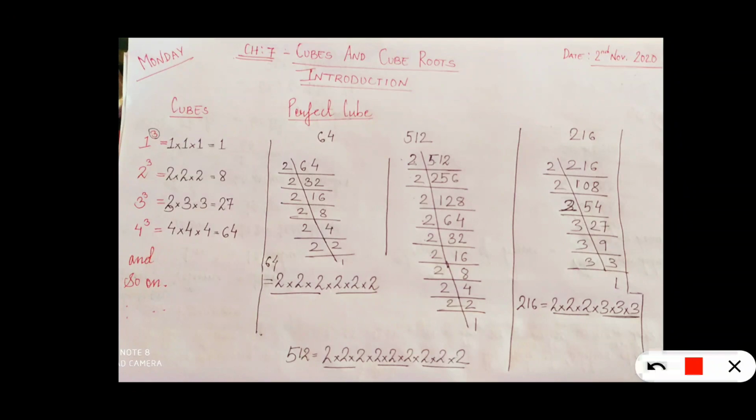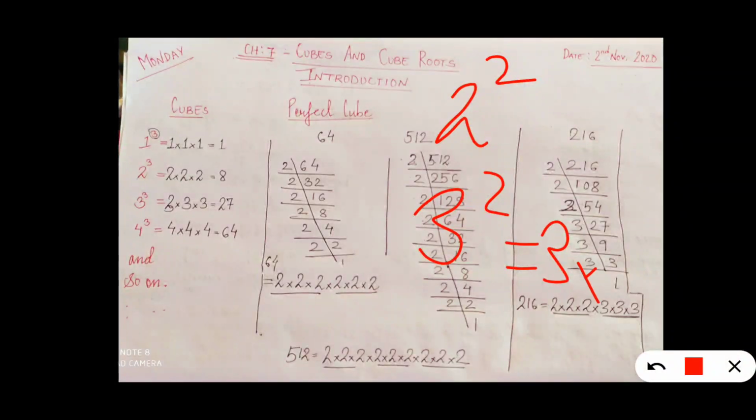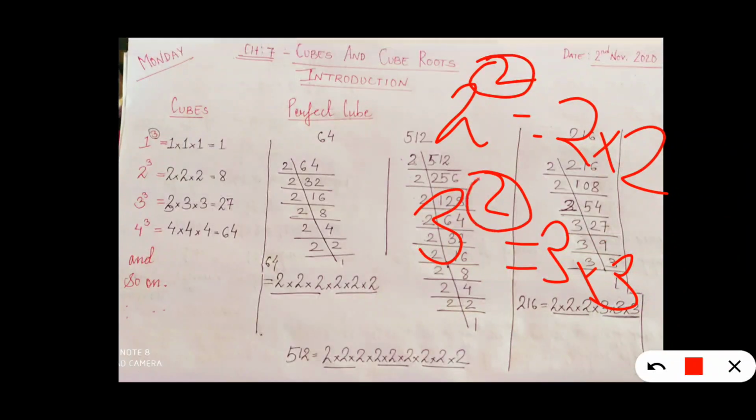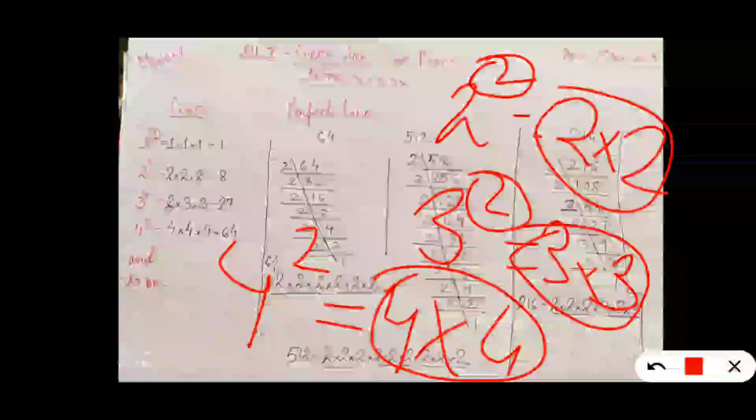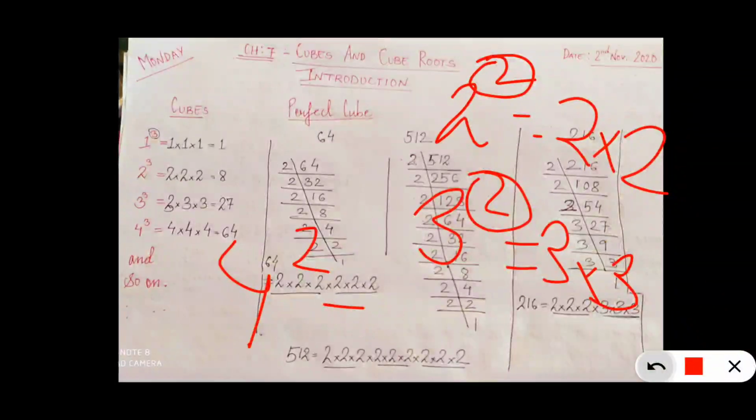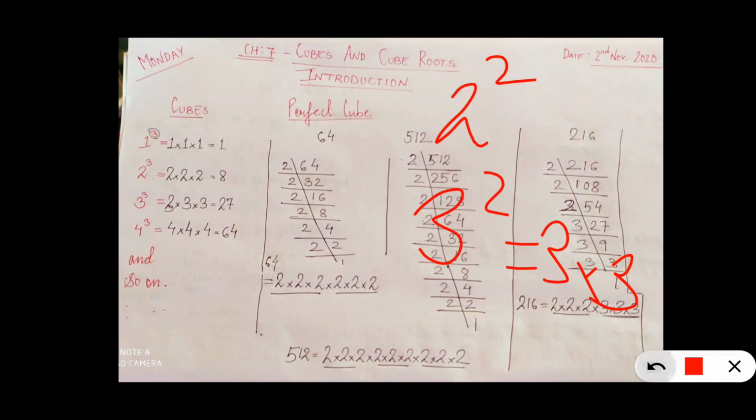What is a square? When you multiply the same number twice, like 3 into 3 or 2 into 2, it is denoted with the exponent 2. If you write 4 square, it is 4 into 4. We learned this in squares and square roots.